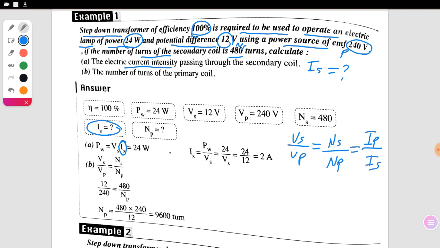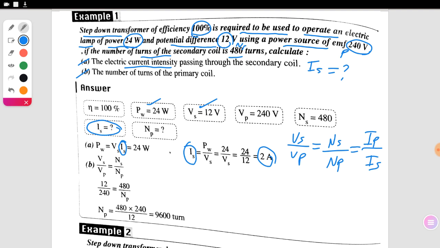This is the rule which relates all of them. Is equals power over voltage: 24 divided by 12 equals 2 ampere. Is equals 2 ampere. This is the first unknown.